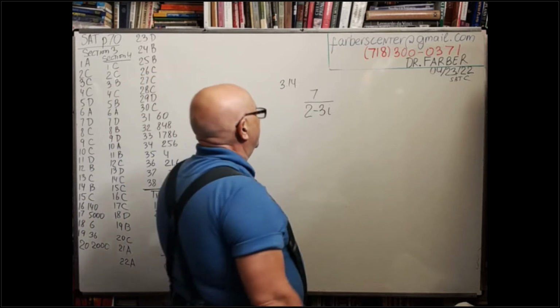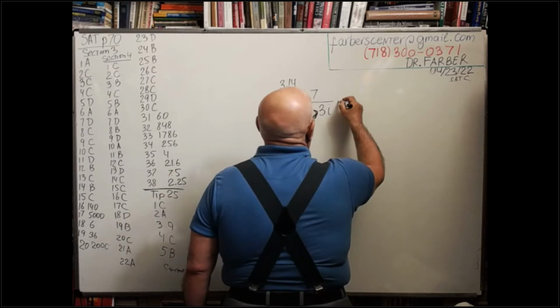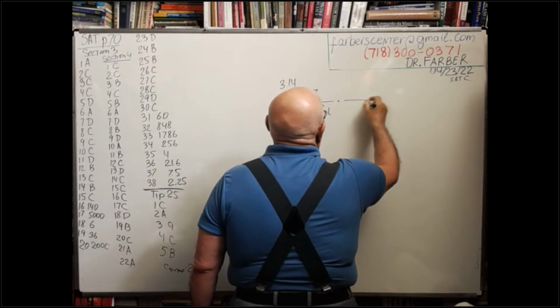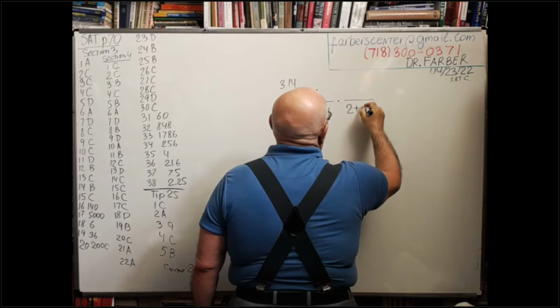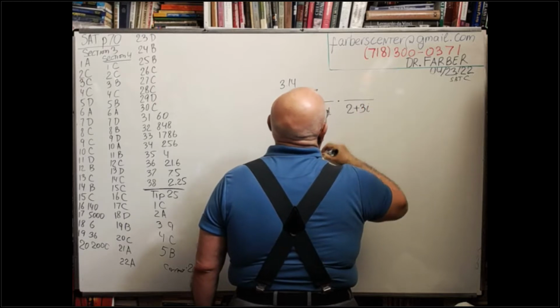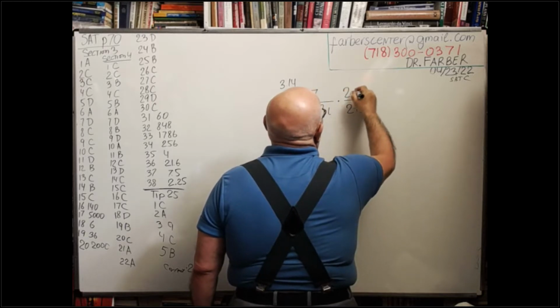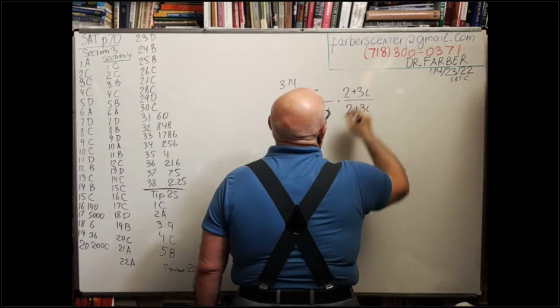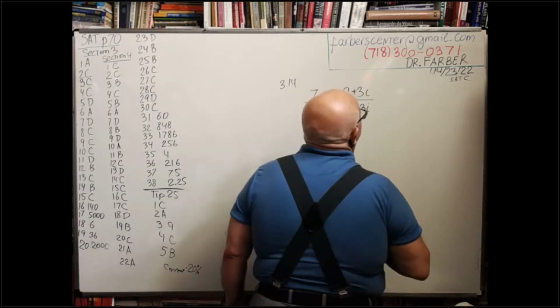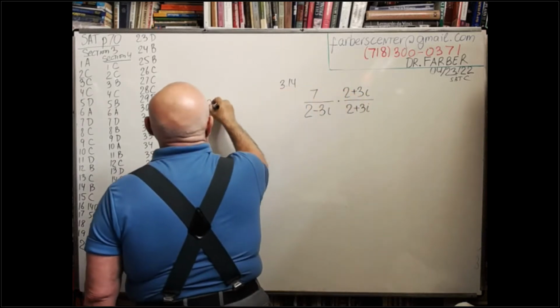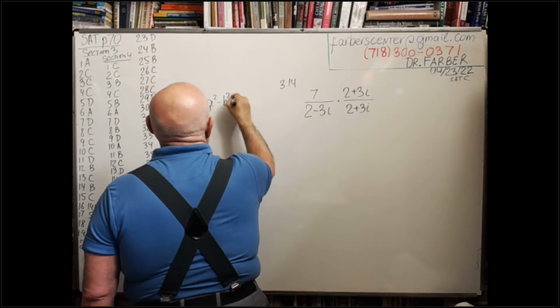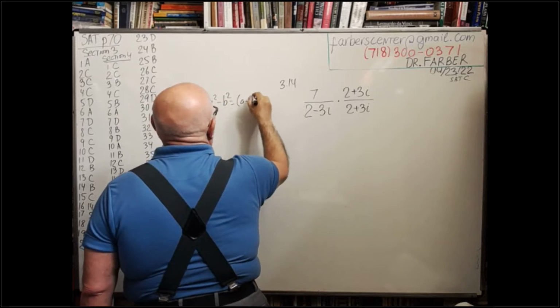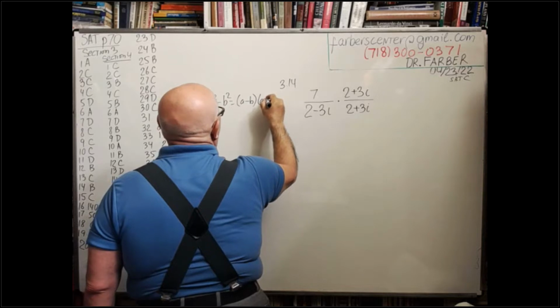Without thinking, multiply by the conjugate. I multiply the denominator by 2 plus 3i, and the numerator by 2 plus 3i. I use the property a squared minus b squared equals a minus b times a plus b.